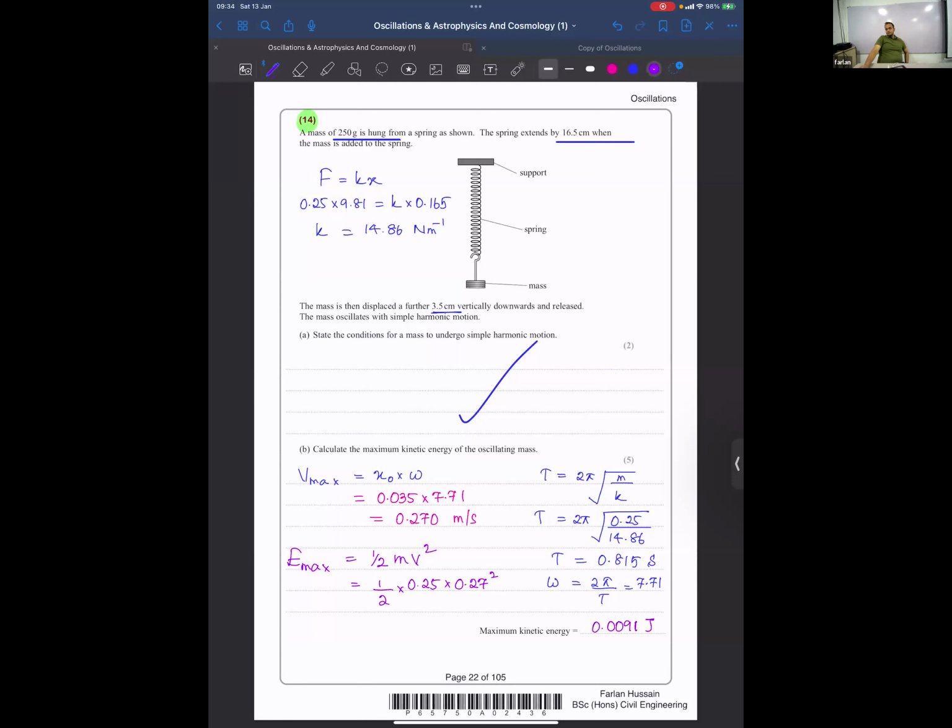Otherwise it might vibrate with the maximum amplitude, but it's not sufficient for it to shatter. So the concept of resonance is when the natural frequency of an object matches the driving frequency, that object will oscillate with the maximum amplitude. That is what you call resonance.